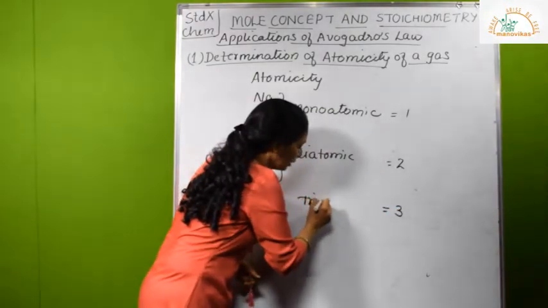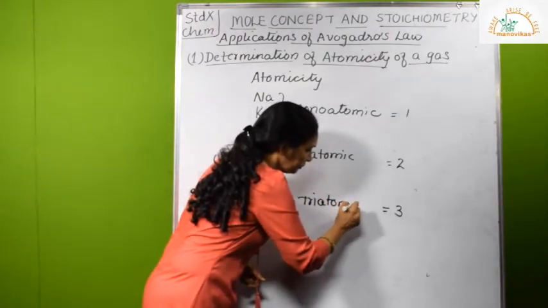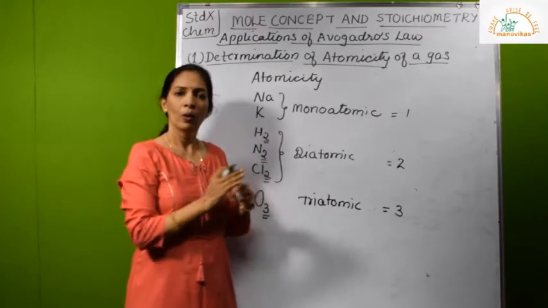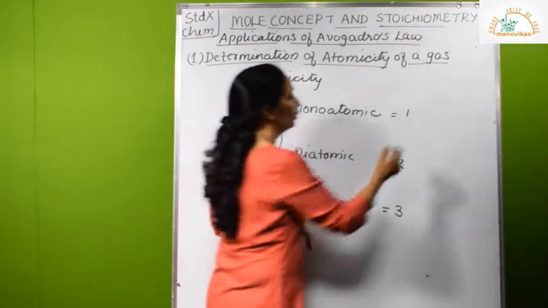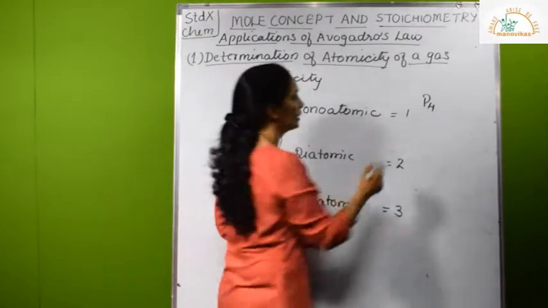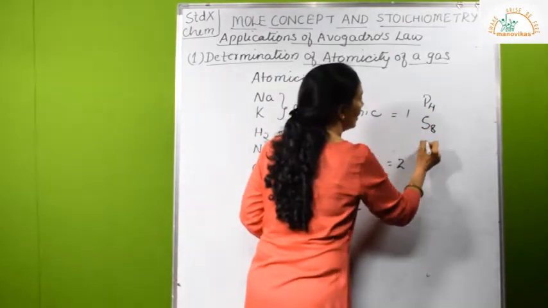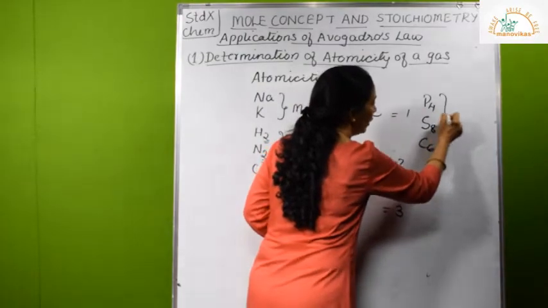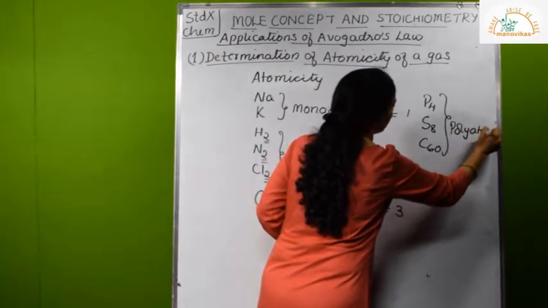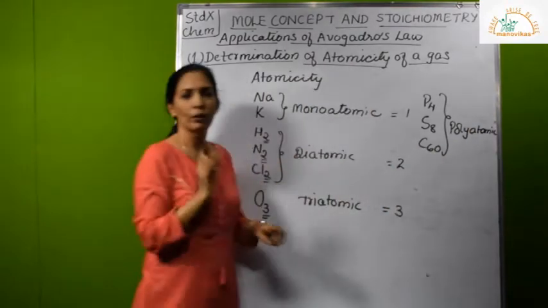And this is called triatomic. And after this, we call all as polyatomic molecules like P4, 4 atoms per molecule for phosphorus, S8, C60, these all are called polyatomic. Okay, this is what atomicity is.